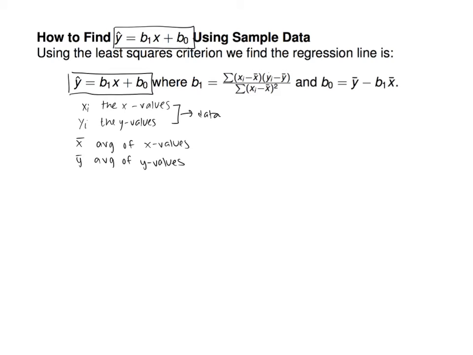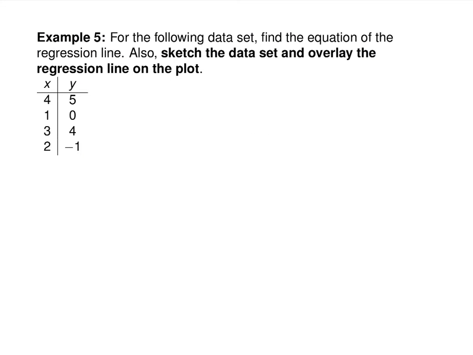And that tells you beta 1. This one is nastier, but you have to find it first. Once you've found that, finding beta naught is super easy. So from that, beta naught is y bar minus the beta 1 you just got times x bar. So this is really sort of hard to explain without doing an example with numbers. Let's do one with numbers.